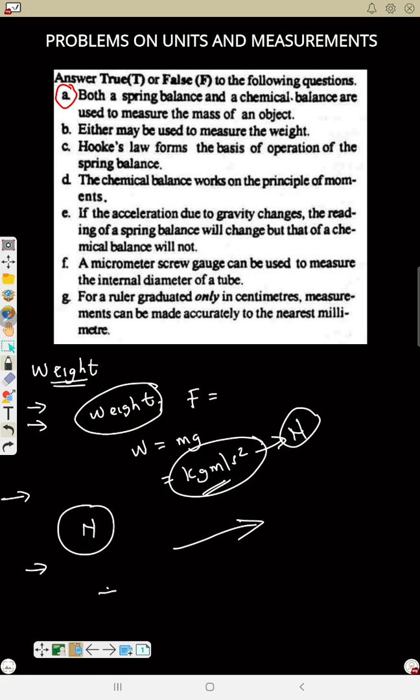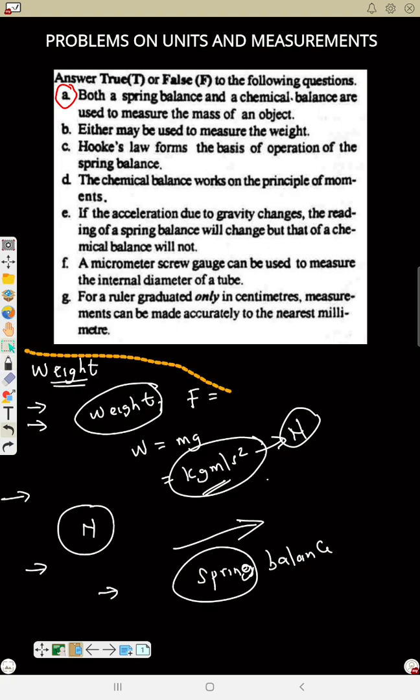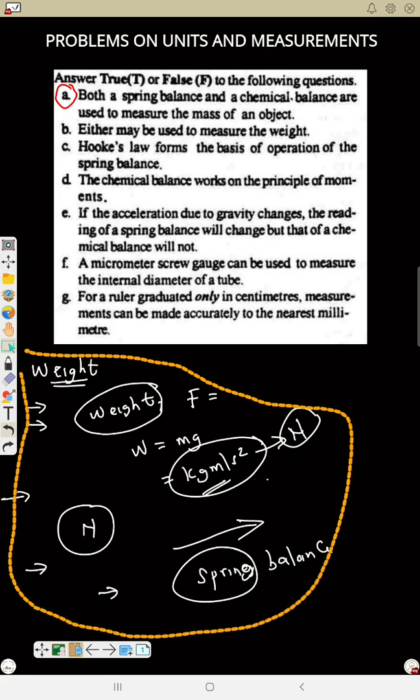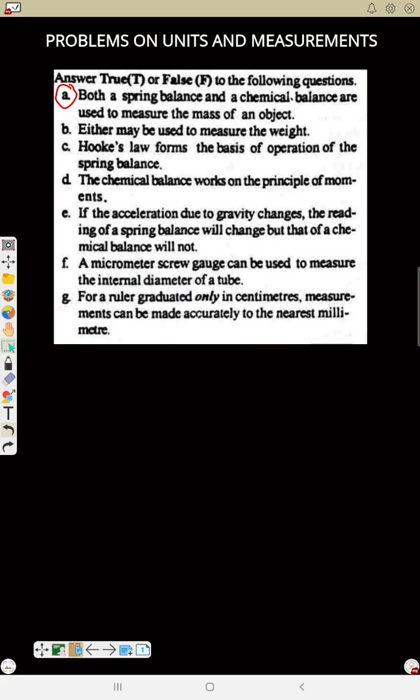Another point, it is measured using a spring balance. Take note. Now let's go back to the question. The A part now says both a spring balance and a chemical balance are used to measure the mass of an object.